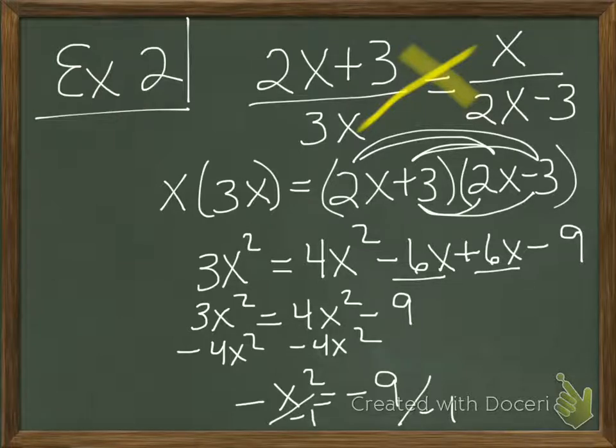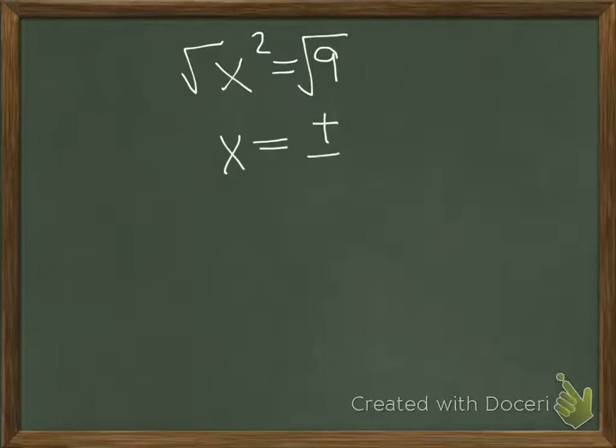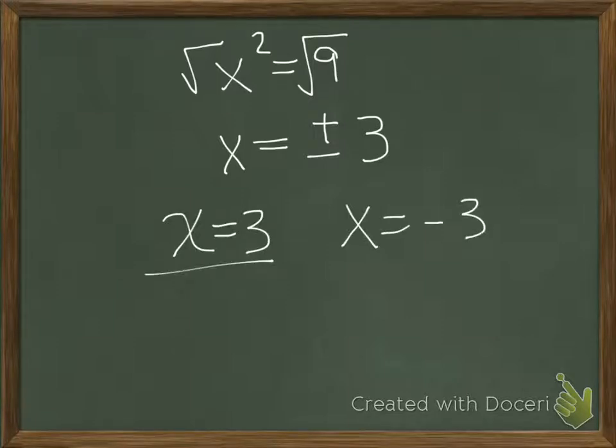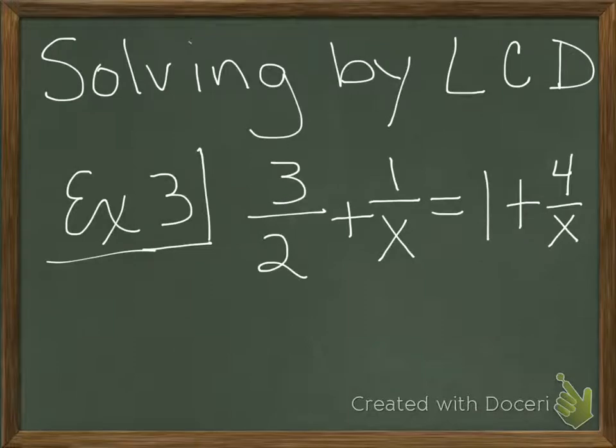So going to the next page, I'm going to have x squared equals 9. And if I square root both sides to get rid of that square, my solution is x equals plus or minus 3. So my solutions are 3 and negative 3. Alright, that's cross multiplication to solve the equations.